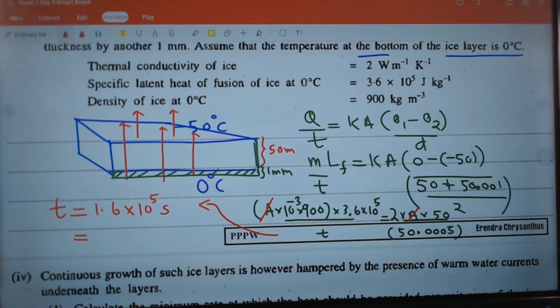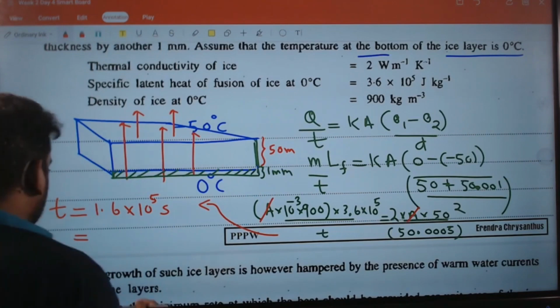Right. So let's do the calculation. Simplify it. 900 10 to the power minus 3 multiplied by 3.6 10 to the power 5, 50.0005, divided by 100.